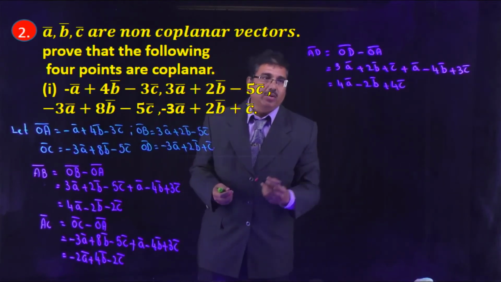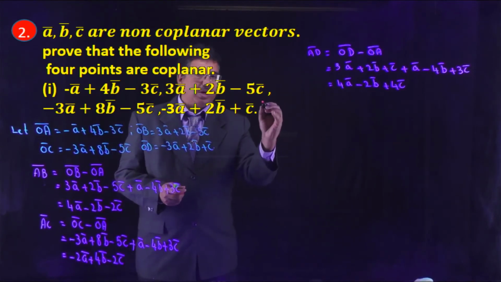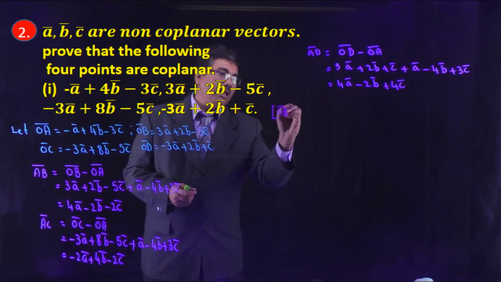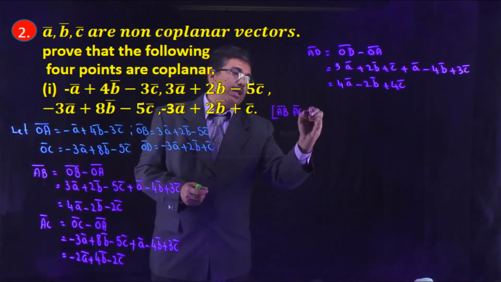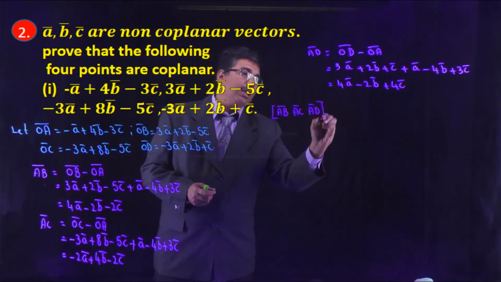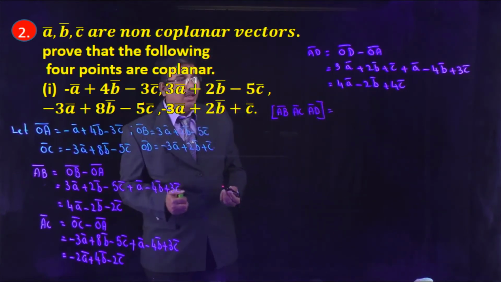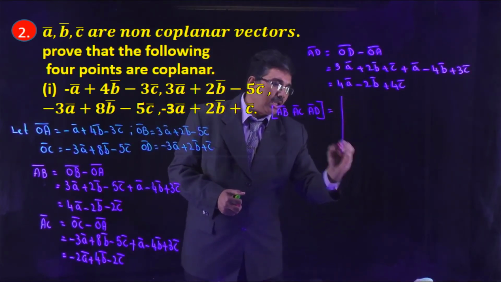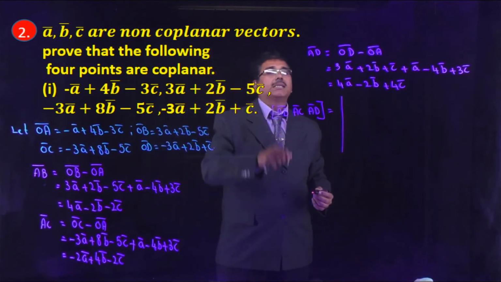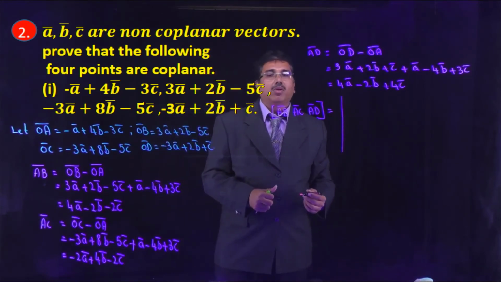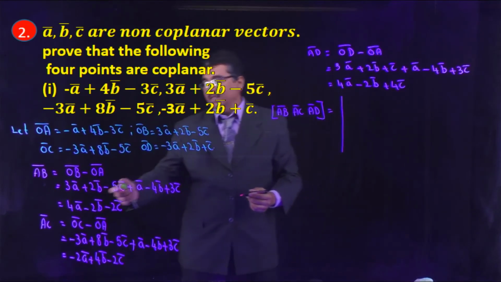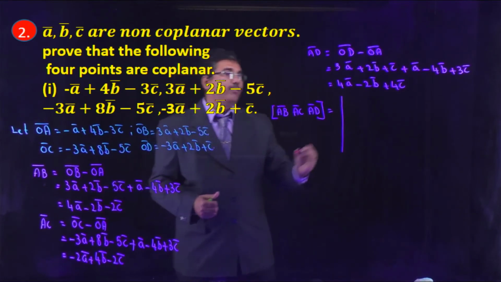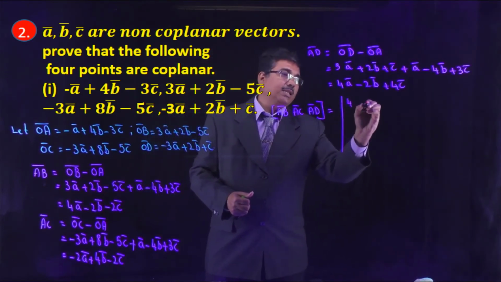Right, there is a notation, box of AB bar, AC bar, AD bar, that is equal to the determinant of the components of AB bar: 4, minus 2, minus 2.